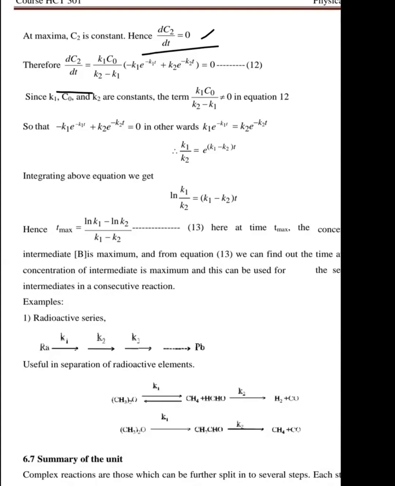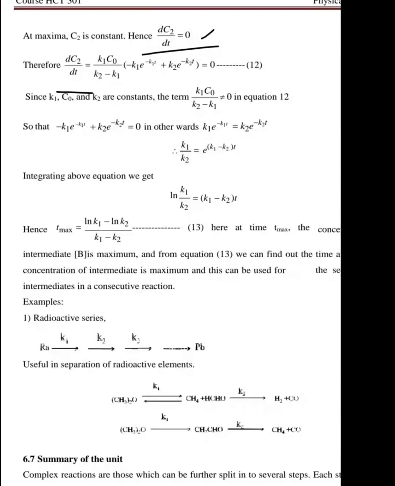For this reaction, dC2 by dt is equal to 0 means K1 C0 by K2 minus K1, times minus K1 e to the power of minus K1 t plus K2 e to the power of minus K2 t, equal to 0.